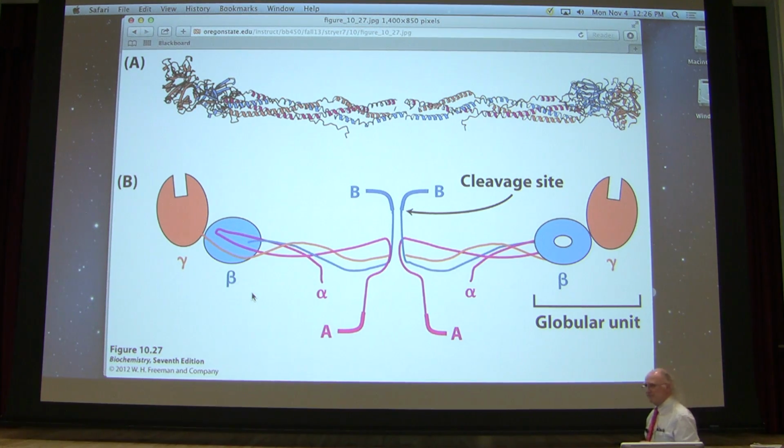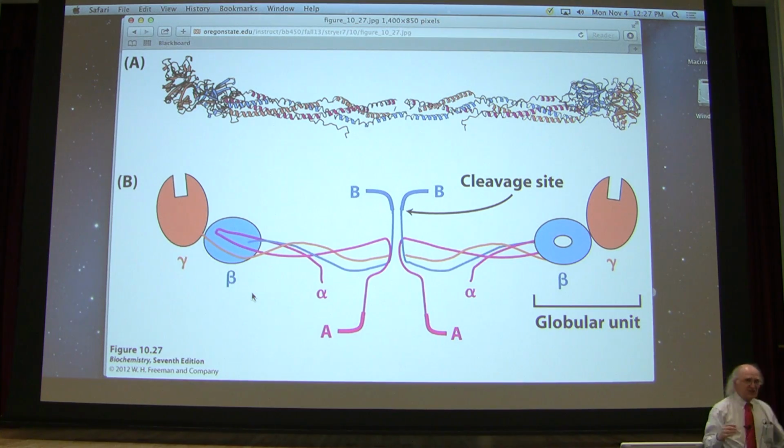Well, what about the betas? It turns out that the betas can fit into the holes of beta structures. There should be one over here as well, but they can fit into the holes of these beta structures. And now we get a 3-dimensionality of it because it's coming back out at us.